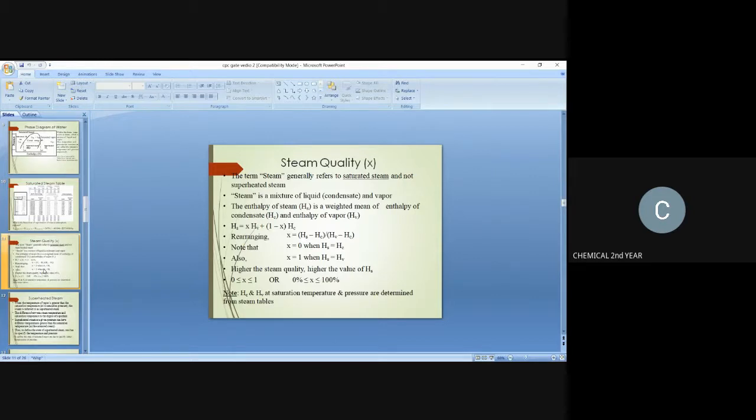Higher the steam quality, higher the value of Hs. This is given by 0 less than or equal to x less than or equal to 1, or 0% less than or equal to x less than or equal to 100%. Hc and Hv at saturation temperature and pressure are determined from steam tables.